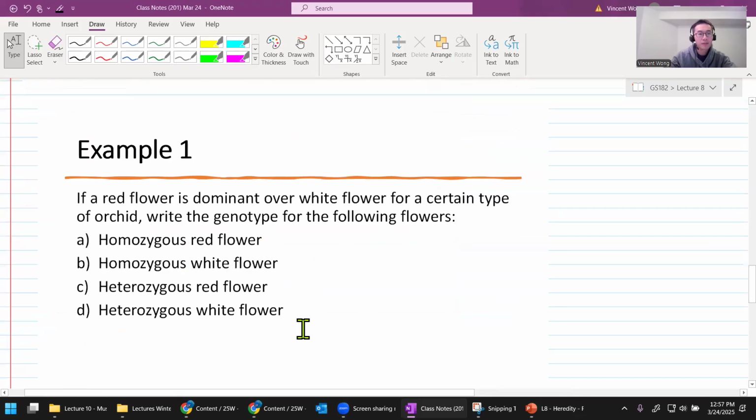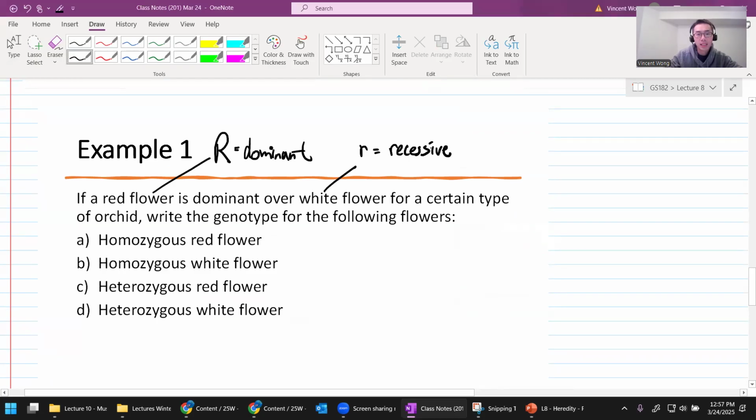If red flower is dominant over white flower for a certain type of orchid, write the genotype for the following flower. We use capital letter for the dominant trait. Red is dominant, right? So we just put capital R. And over here, this is white, and we use the lowercase.